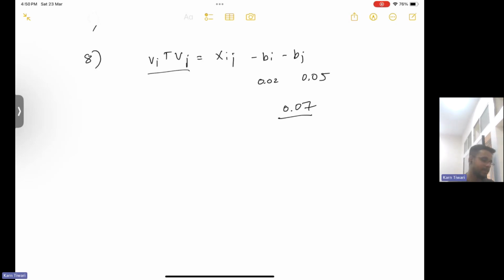So for X_ij, this quantity is negative and this quantity is positive. If you take this to this side, this whole thing will be very much positive basically. Hence X_ij will be high, and the only high value for X_ij is 0.8. So it can't be 0, it can't be 0.03. So 0.8 is the right answer.